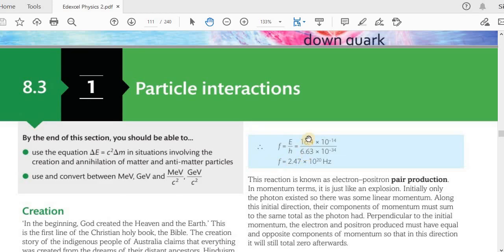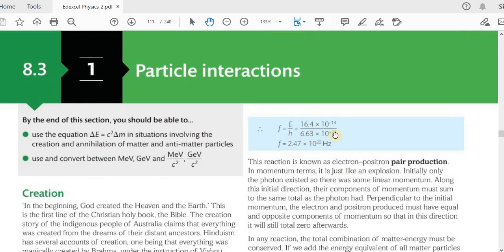Then we can find the frequency. We know the energy, and h is the Planck's constant. That is also a constant, given in your data sheet, but like I said, when you do a number of questions, you will automatically remember this. Then you get the answer 2.47 × 10^20 hertz.